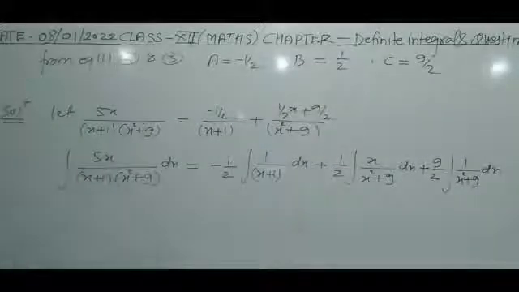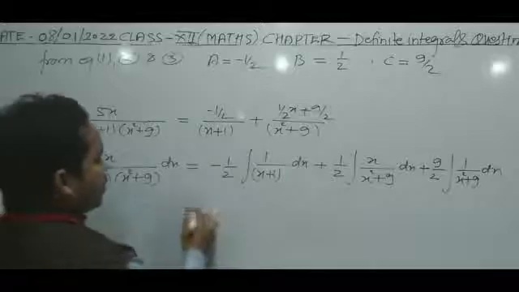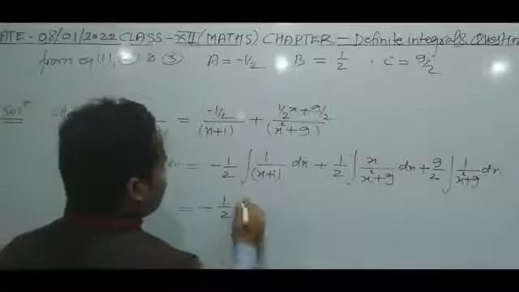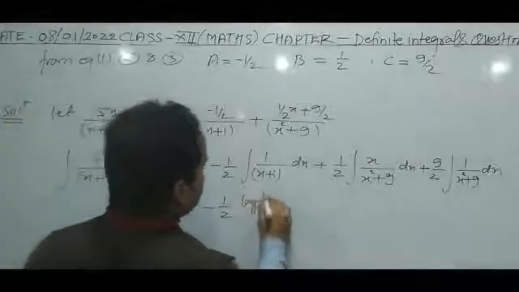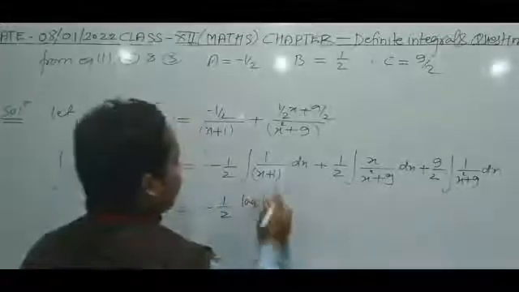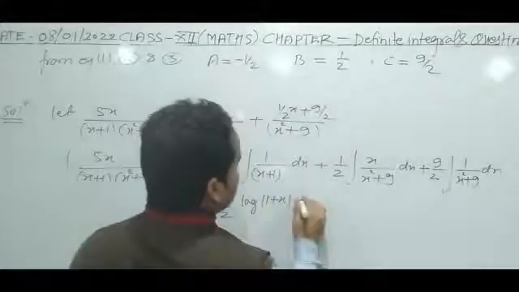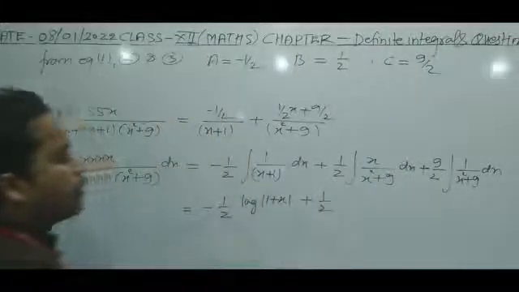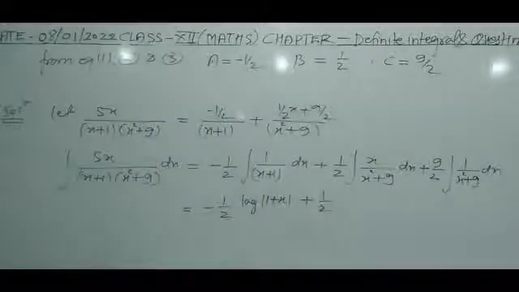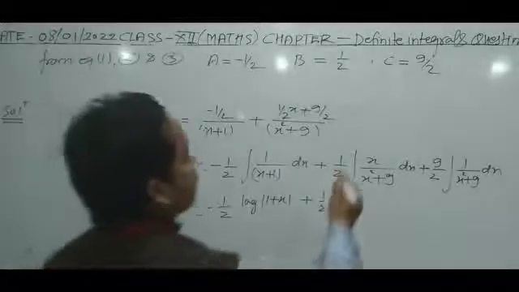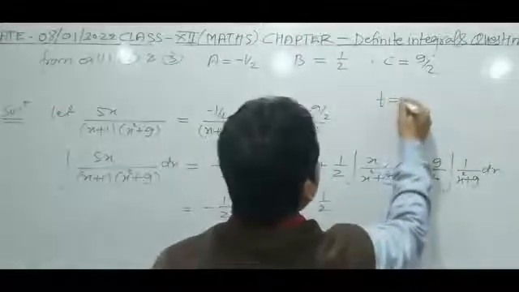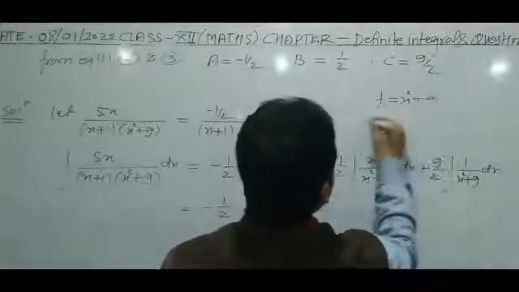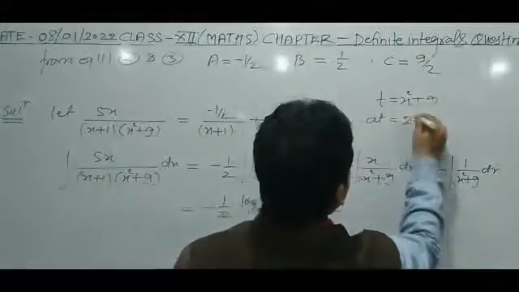Now see. Minus 1 by 2, this result is log of mod of 1 plus x. Now for this one, consider t is equal to x square plus 9, then dt will be 2x dx.